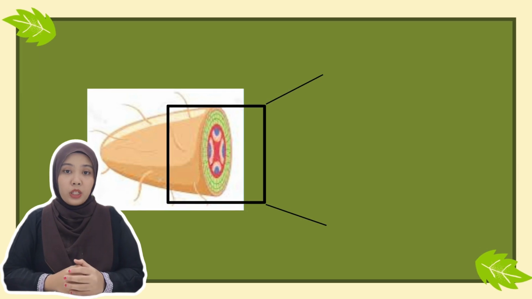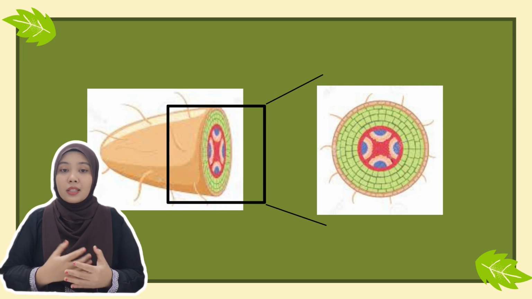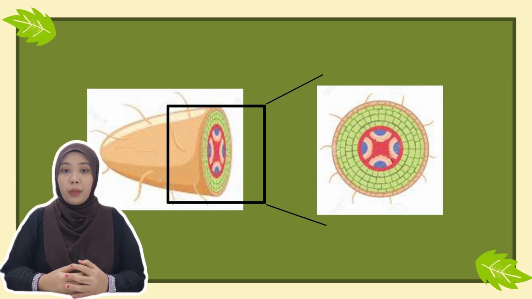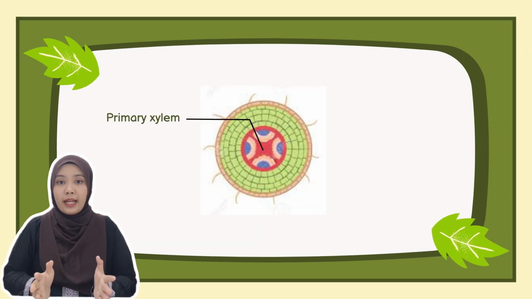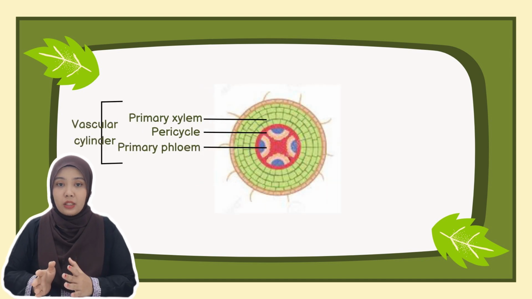Now, we zoom in on the structure of roots, and as students can see, the figure shows the internal structure of roots. There are several structures that students need to understand and remember: primary xylem, pericycle, and primary phloem. These three structures are known as the vascular cylinder.